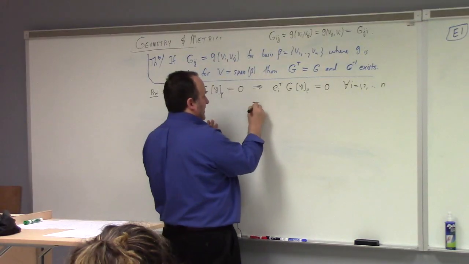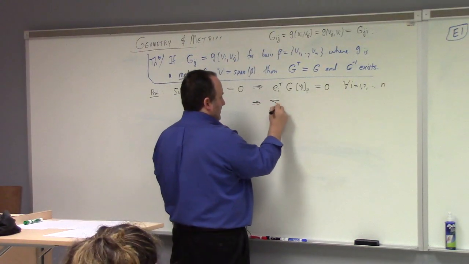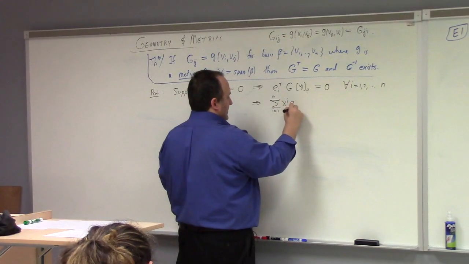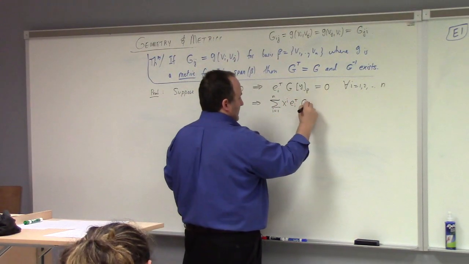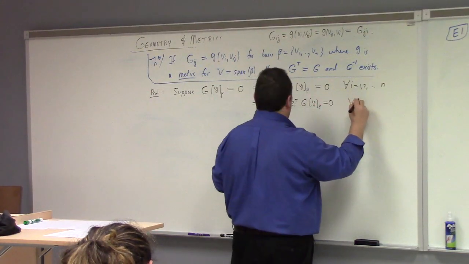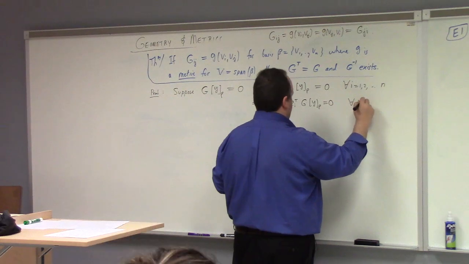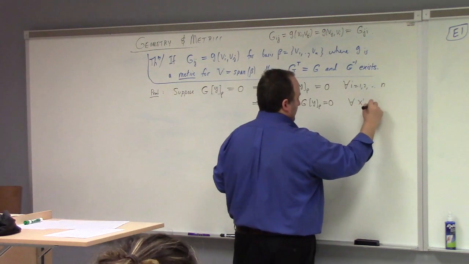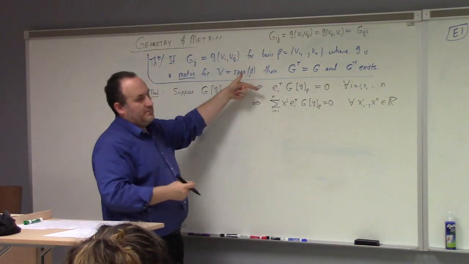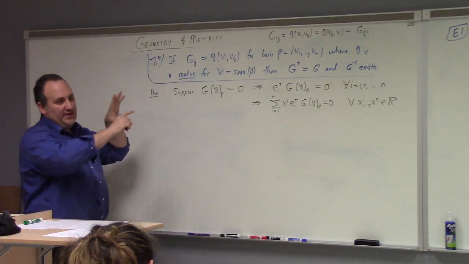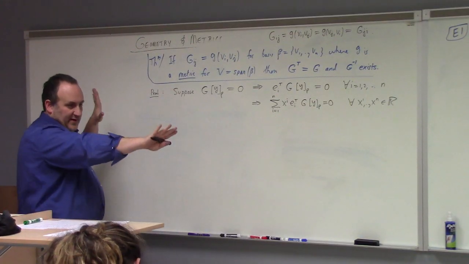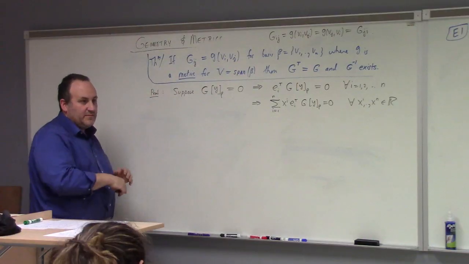Which also would imply that the sum i equals 1 to n of x^i e_i transpose of G times y_beta is equal to 0 for all x^1 through x^n. In other words, if I have 0 n-fold times, I can multiply each one of those equations by x^i or whatever, right? And then just sum those together. It's 0 plus 0 plus 0 plus 0. I still have 0, right?